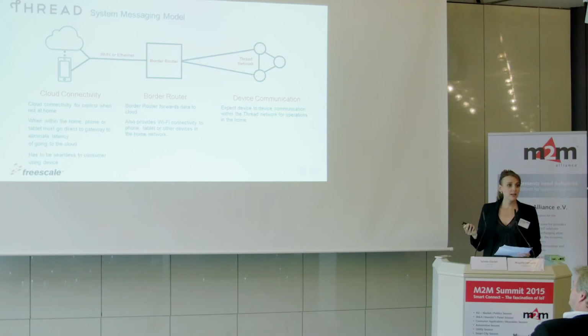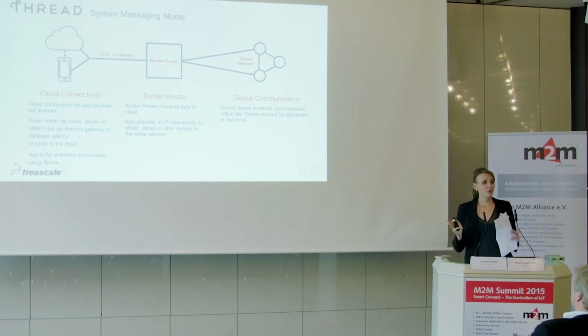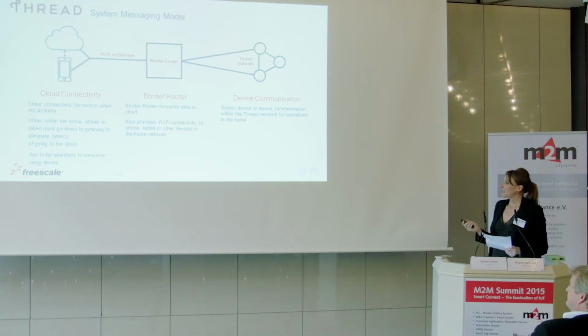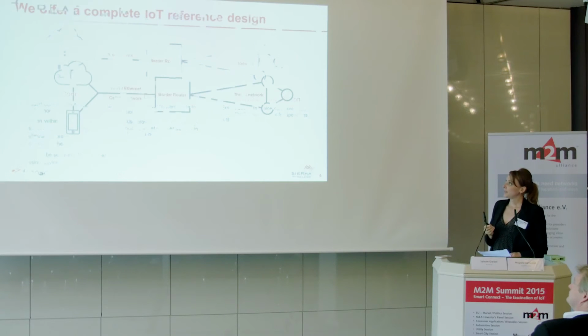So when you are not at home and you want to monitor your devices, if you have a second home, this is an easy way, and you really need the Thread network. I hope at least you understood that it's a network for home based on IPv6. This was the main message. If you have questions, you should ask Sylvain, and I will send you the link of the websites.